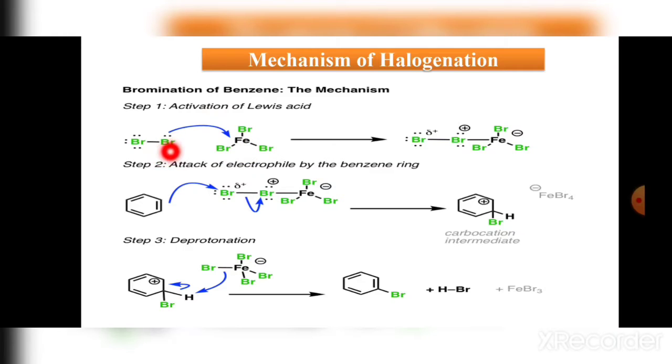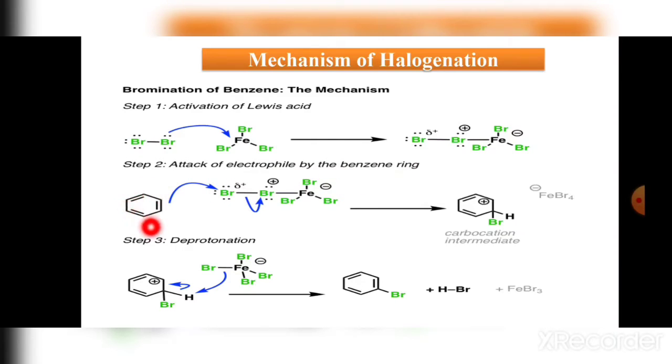Bromine containing a lone pair will attack the Fe, and there is formation of a polarized complex. Okay, this is the first step, the activation. In this way, we can activate the Lewis acid.